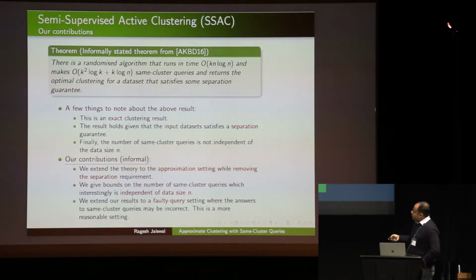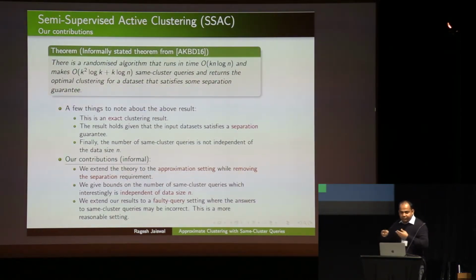Okay, and more interestingly, we extend our results to the faulty query setting, where the answers to the same cluster queries may be incorrect. Now this is a more reasonable setting if you want to use this in machine learning, right? Because you can imagine setting up, I forgot the name, but you can ask some humans to look at 2 points and tell you whether they look the same or not, right?